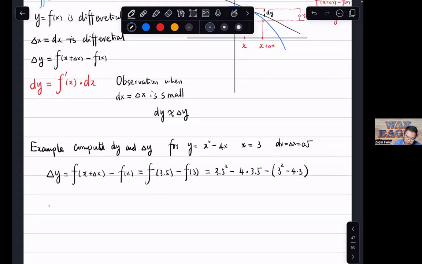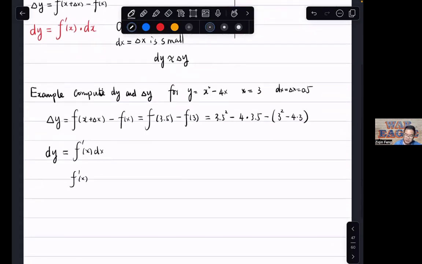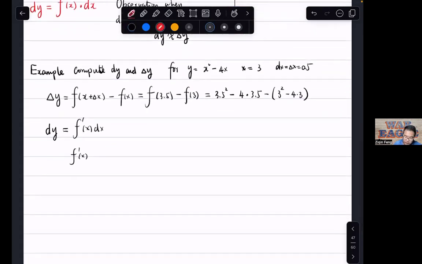Now, what's the differential dy? We know that it is f prime of x dx, and this f prime of x is very straightforward to evaluate. This is 2x minus 4, so this is 2x minus 4 times dx.